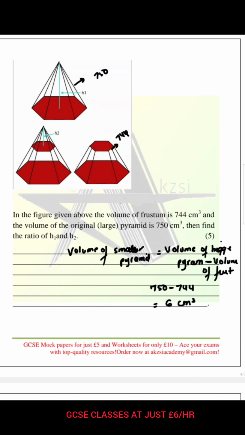That's why, because we know that the volume scale factor is always the cube of the length scale factor. So H1 and H2, if I divide them, will give me the length scale factor clearly. And when I divide the volume of the bigger and the smaller pyramid, I'll get the volume scale factor. So the volume scale factor is the volume of the bigger one, which is 750, over the volume of the smaller one, which is 6.